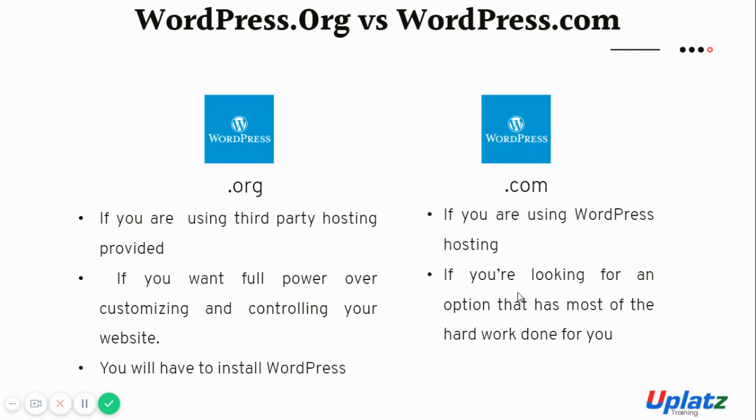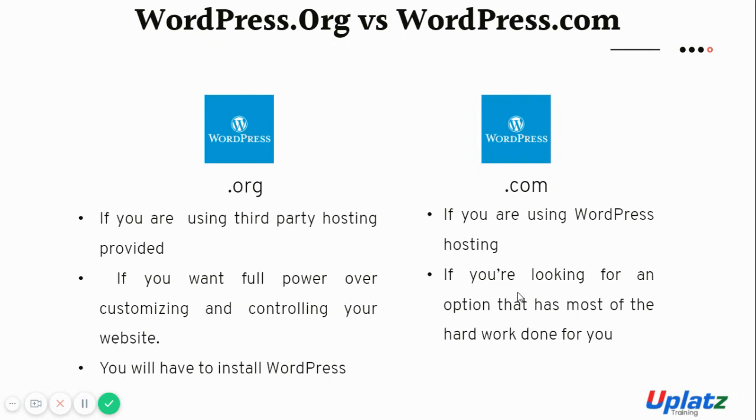You can install any third-party theme onto it. And to use WordPress.org, you will have to install WordPress on your computer or laptop to build the website. Once you build it, then you ship it to the host, and then it can be published to the world by connecting it with the domain.